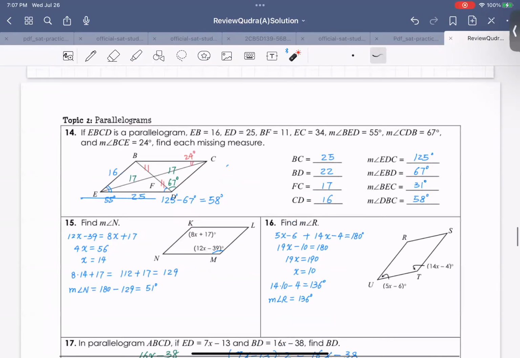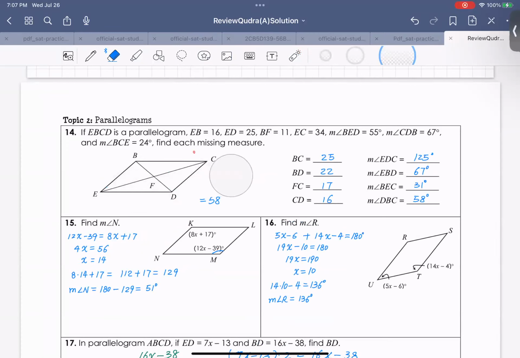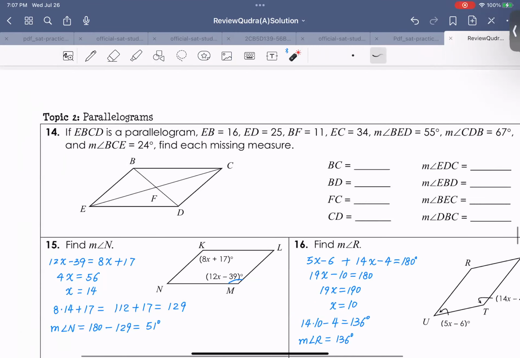Now let's work on these questions. So please, EB is 16, right?